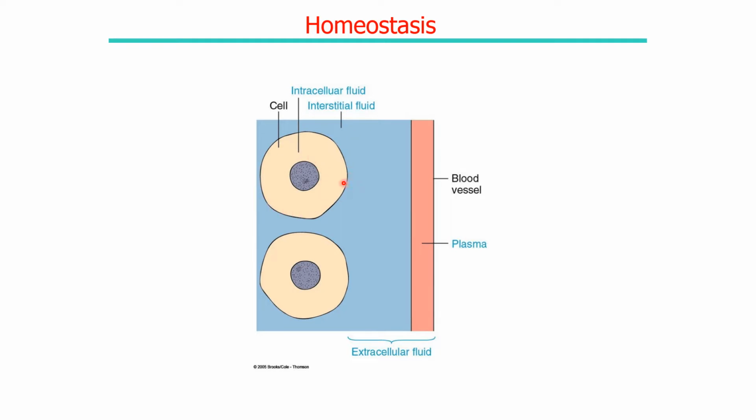So it will allow some substances to pass from cytoplasm into interstitial fluid, or from interstitial fluid into the cytoplasm, but not all substances. If we see cytoplasm or intracellular fluid, it is more concentrated with potassium ions, magnesium ions, protein, AMP, ATP, ADP, but they are very low in interstitial fluid, because the membrane will not allow these substances to go into the interstitial fluid.